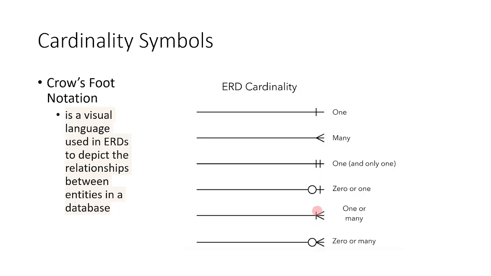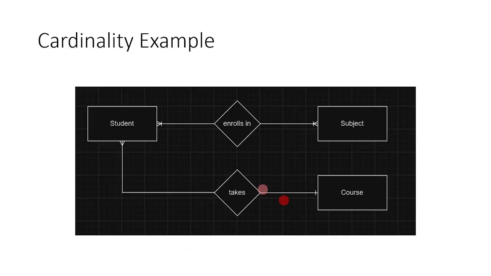Now we are going to apply these cardinalities to our example. Here is our cardinality example: student to subject. Student enrolls in subject. By the way, since these are nouns, it is suggested that we use singular.